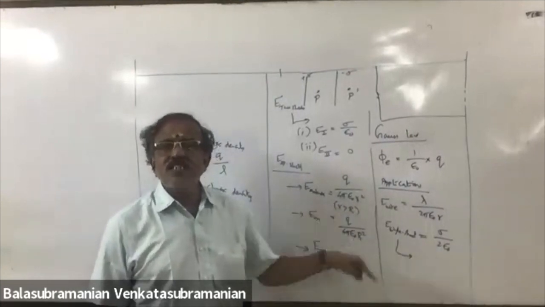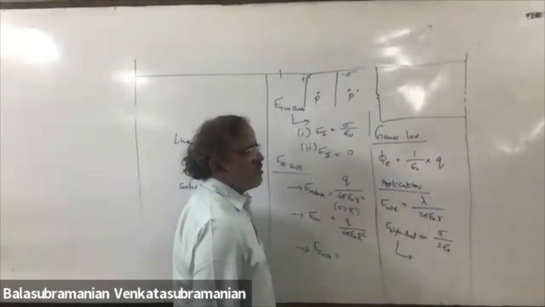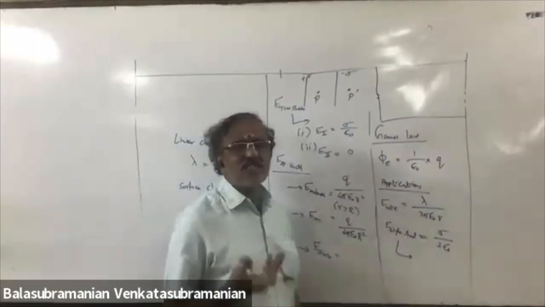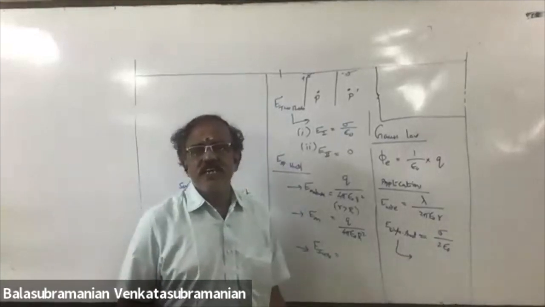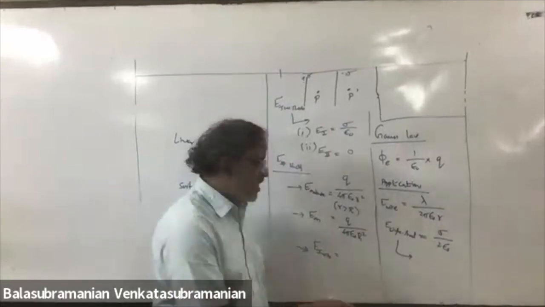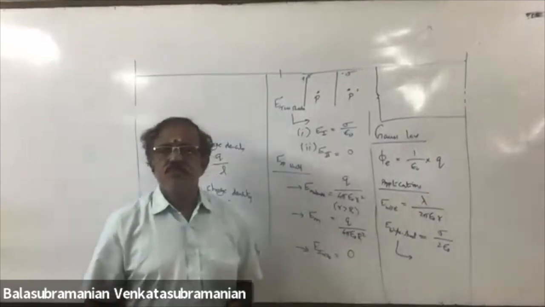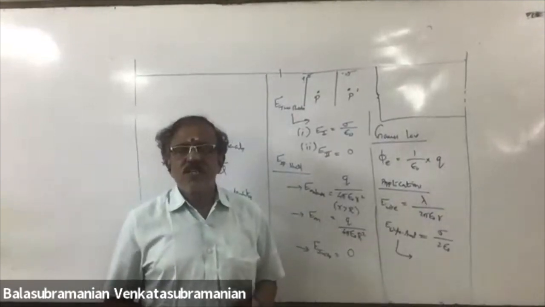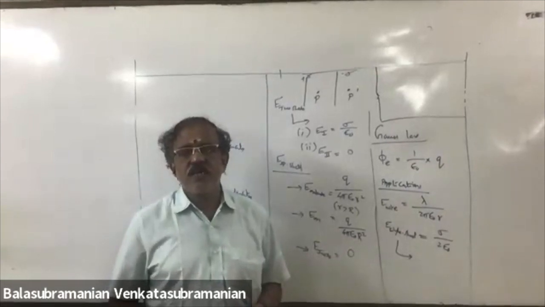For a point lying inside, if you consider it hollow, no charge is present inside. So the charge inside the shell is 0, therefore the electric field is 0. Okay, so these are the basic formulas in the electrostatics part 1 topic.